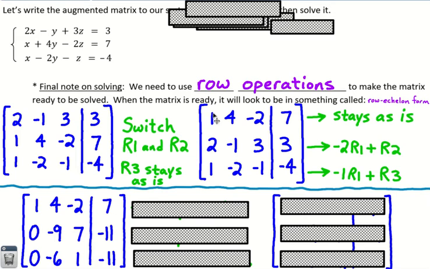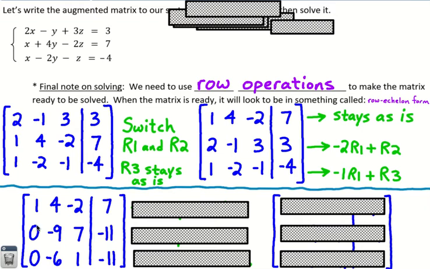You can make positive 1 into anything, super easy. In this row operation, it was easy to make this 1 into a negative 2. In this row operation, it was very easy to make a 1 into a negative 1. So it's very easy to make the 1 into whatever you want in order to make it the opposite of whatever you need it to be the opposite of. Again, it's not necessary. You can create these zeros even if this is not a 1 up here, but it's definitely a lot easier if it is.